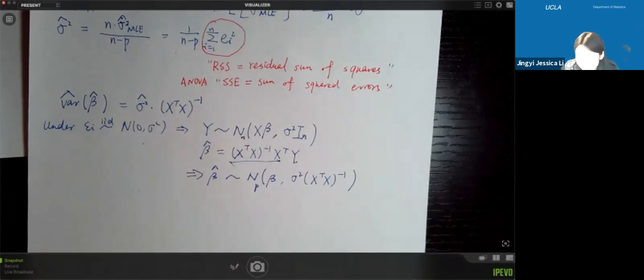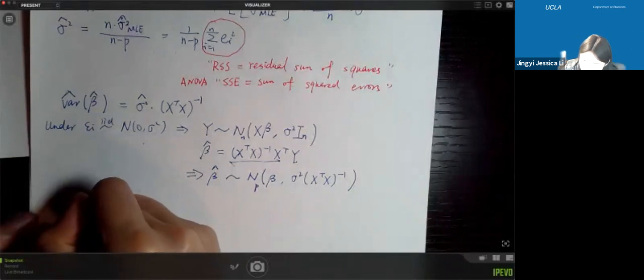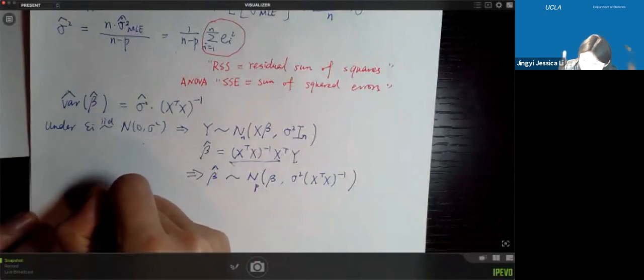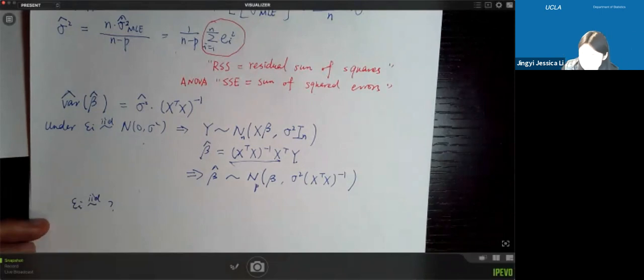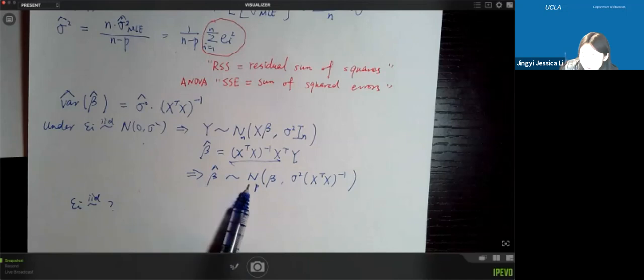But what if we are not under this assumption? If we just have epsilon IID, but we don't know whether it's normal or not, we can still use asymptotics to derive an asymptotic normality for beta hat.